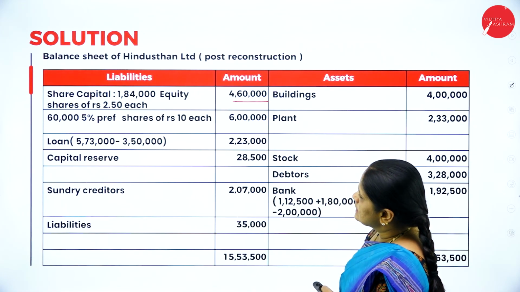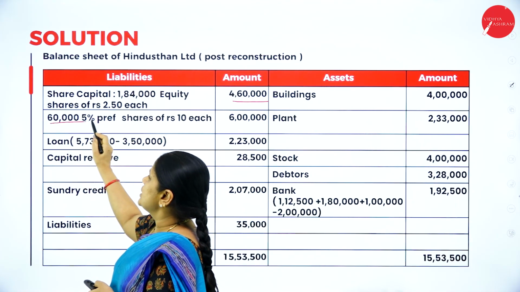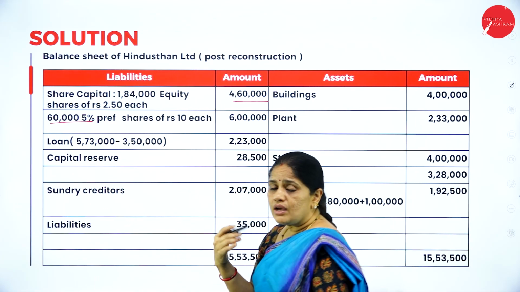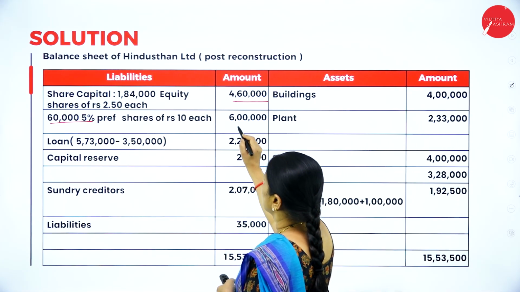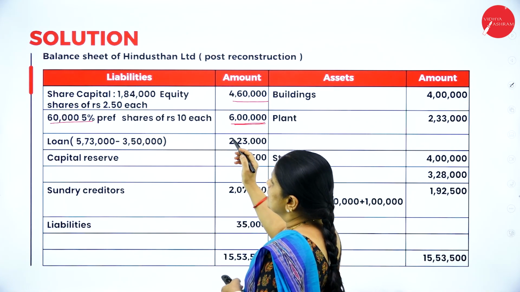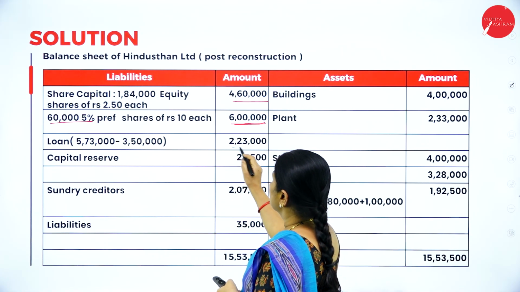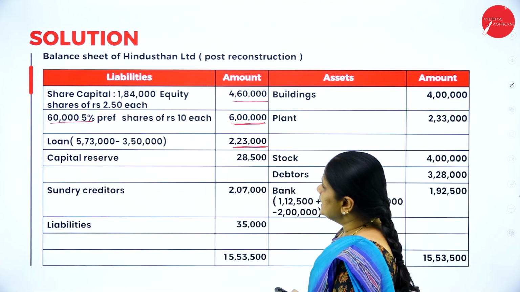that is 4,60,000. Then 60,000 5% preference shares. So again preference shares, we have given extra preference shares to the existing preference shareholders. So that comes up to 6 lakhs. Then loan amount. So 5,73,000 minus 3,50,000, that is 2,23,000.